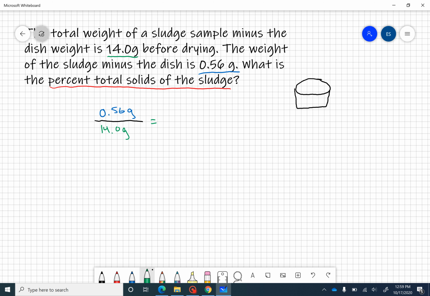So let's go ahead and do that division. 0.56 divided by 14 comes out to 0.04. And then because they're asking me for percent total solids, I have to convert that into a percentage, and I do that by multiplying, of course, by 100. And I get 4%.